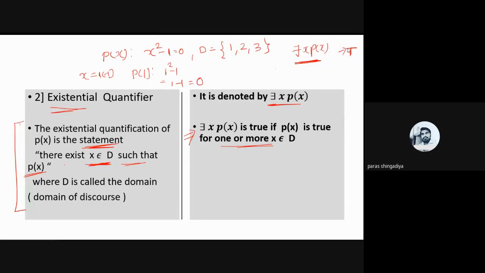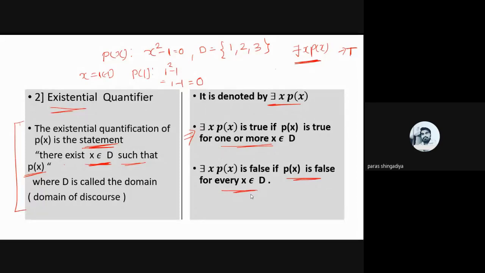Now in the second case, when it is false: there exists x P of x is false if P of x is false for every value of the domain. When we say the existential quantifier is false, it means for each and every value of the domain P of x becomes false.